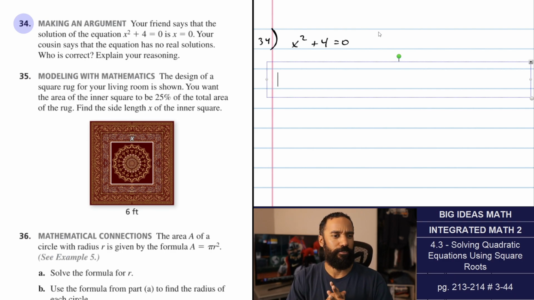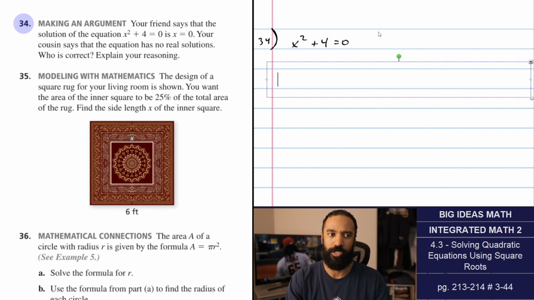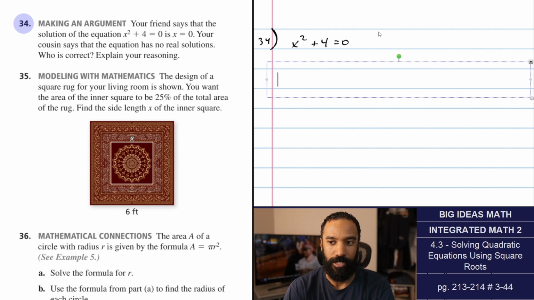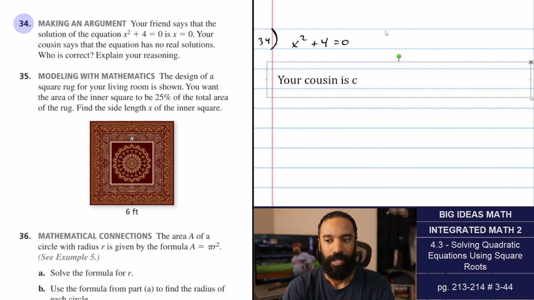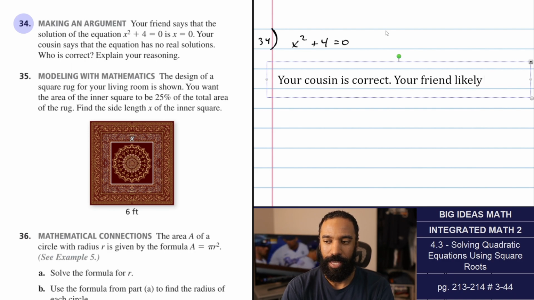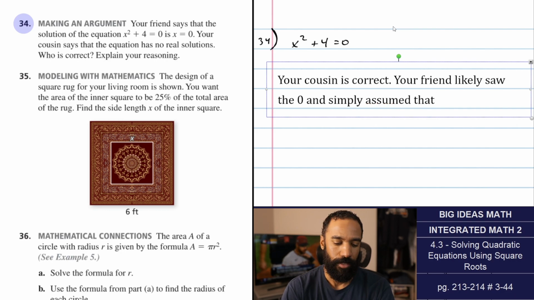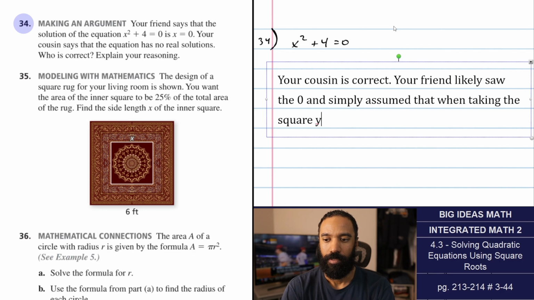But let's go into the reason why your friend might have said that to begin with. I can think of other answers that some people would put, because of how people really think on this. Your cousin is correct. Your friend likely saw the 0 and simply assumed that when taking the square root, you arrive at the answer.